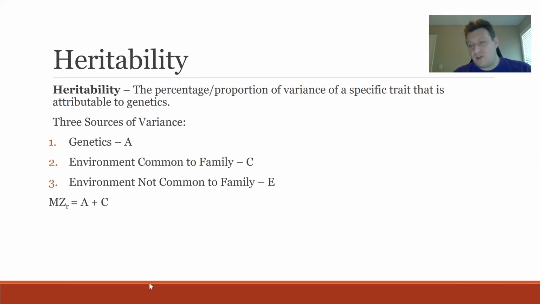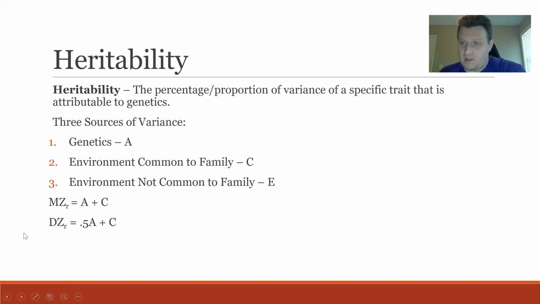So if we look at the monozygotic twin correlation, the reason why monozygotic twins are similar to one another in personality is because of two reasons: that they have the same genetics, they have 100% of the same DNA, and they are raised in the same family as one another. Their shared environment is the same. So the monozygotic twin correlation is a function of A plus C. We're going to solve for A and C, but not yet. All right, so we have A and C.